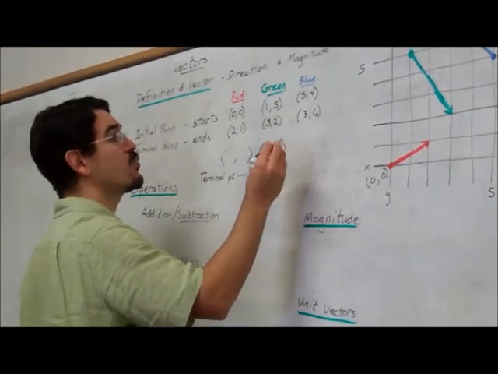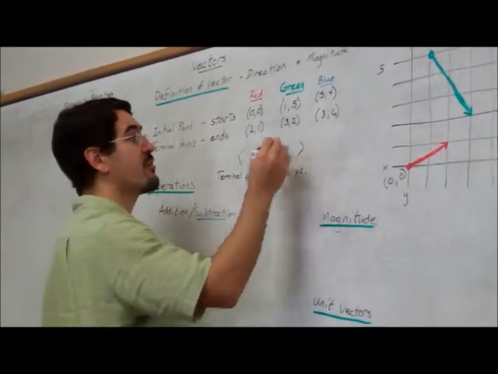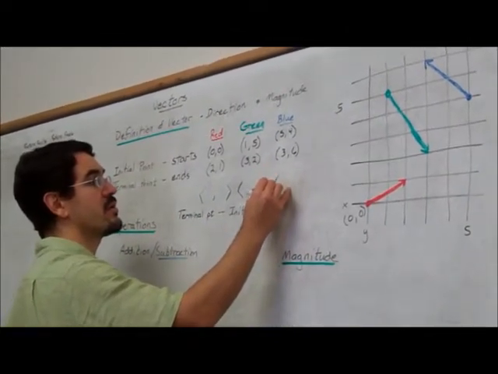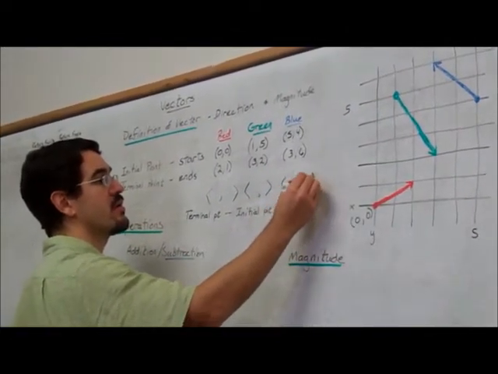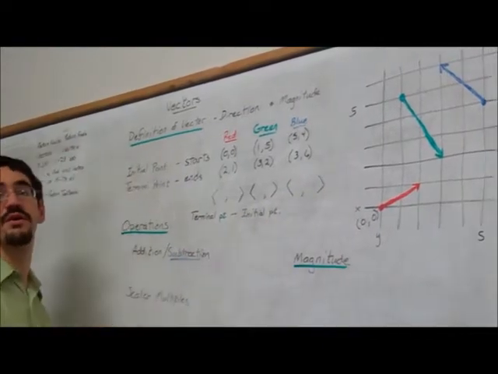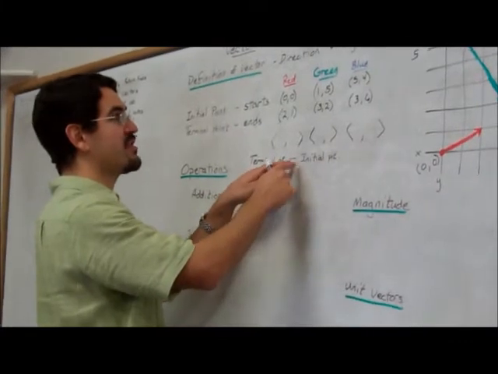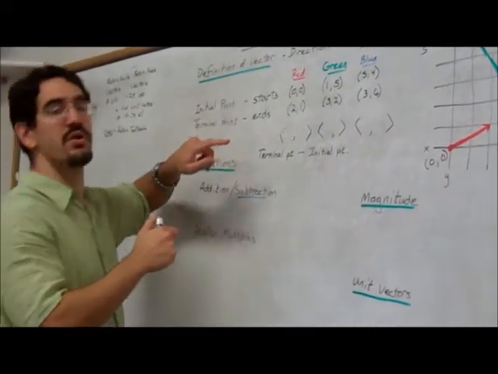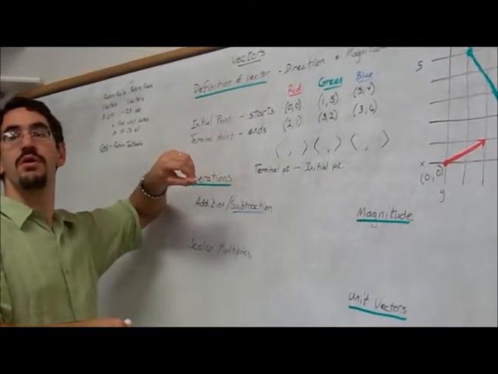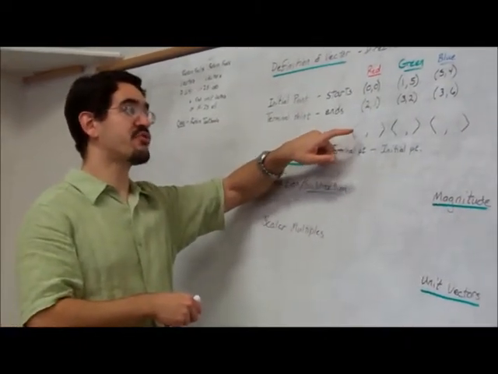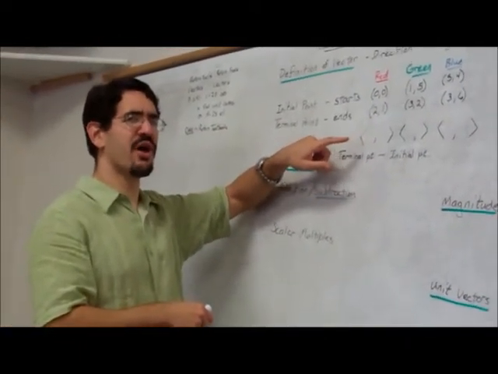How about the red? Serena, can you tell me what would be the numbers that I would put here for the red? How do I get it? Terminal minus initial. Which one's the terminal? It's 2, 1. So, minus 2 minus 1? Are you sure about that?